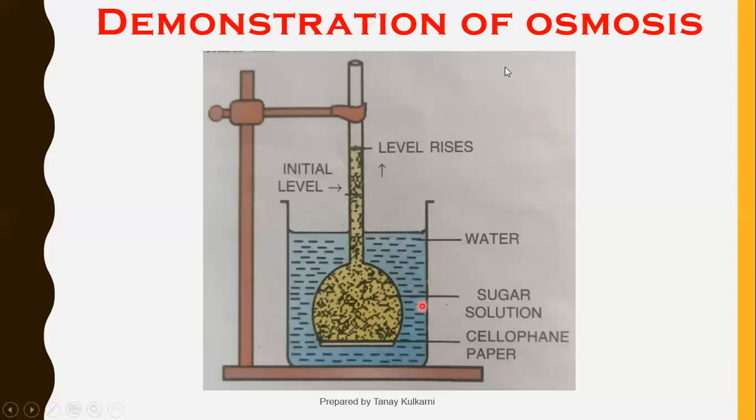Correct? So how long will this osmosis continue? As I said, water will move inside at the initial stage. But theoretically, osmosis should continue until the concentration of water molecules outside is equal to inside, correct? But it will not happen.